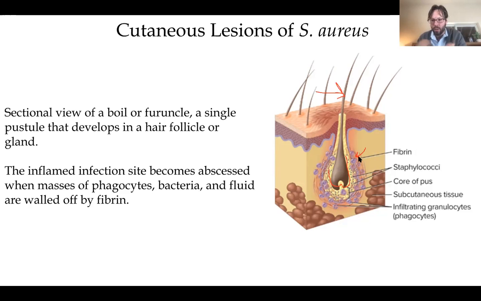And then you have this pus, which is mainly dead immune cells and then dead bacterial cells. But it kind of becomes walled off and then it just continues to grow, right? It can't release that pus. And that's how it goes from a simple boil to more like a carbuncle. Right? And then you get these huge abscesses. So it's again the body's attempt to prevent systemic infection, but leads to these really nasty sores.